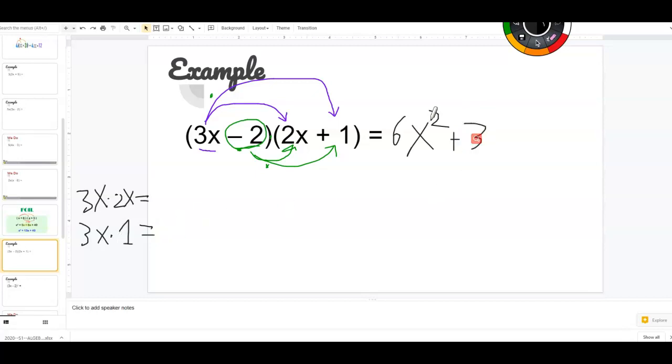X part, you only have x. The arrows on the bottom, -2 times 2x. Don't forget the sign. Okay. Number part, -2 times 2, -4. X part, you only have 1x. Finally, -2 times +1.